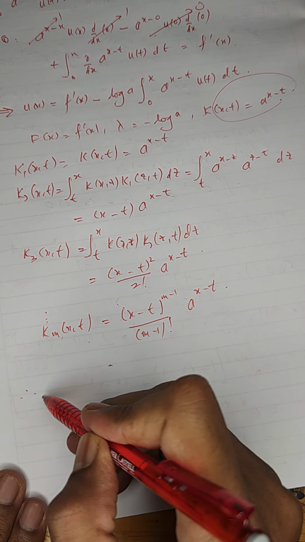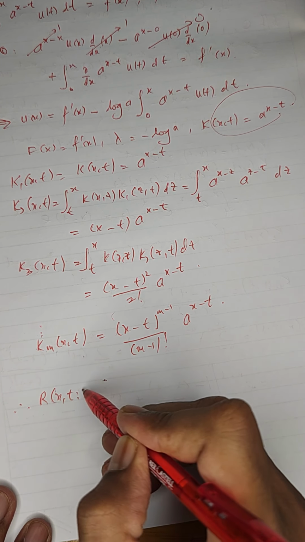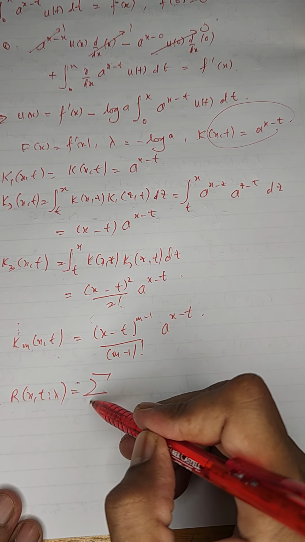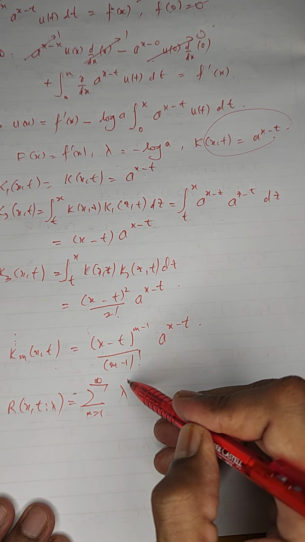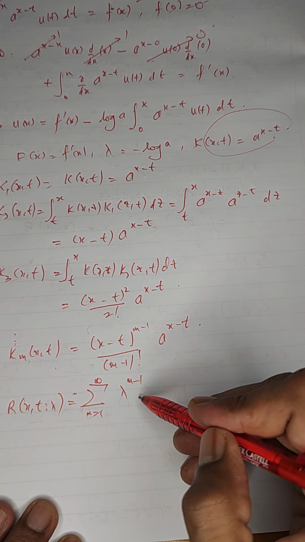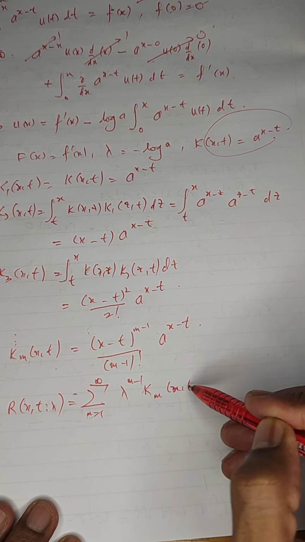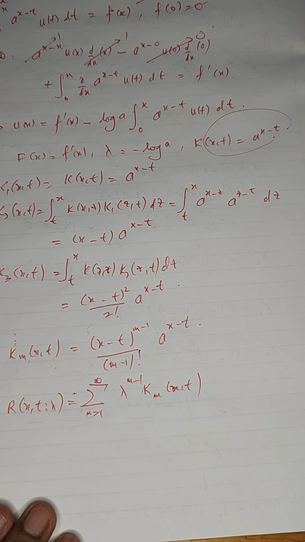Therefore, the resolvent kernel K_r(x,t;lambda) is written as the sum from m equals 1 to infinity of lambda^(m-1) k_m(x,t).